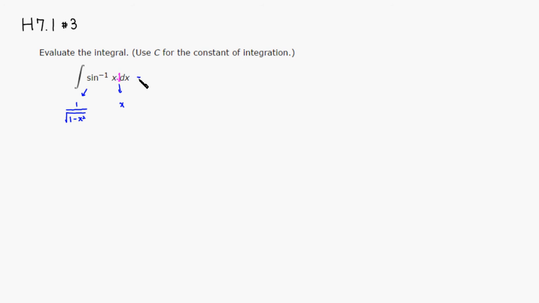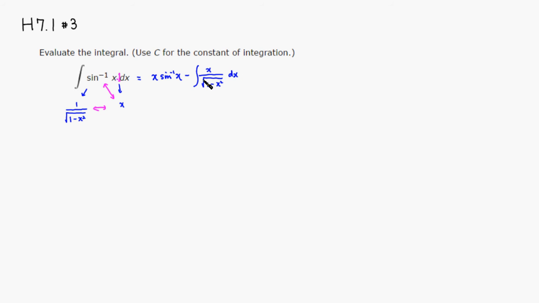So this is going to be equal to, multiply this way, x times arc sine of x minus the integral. Then we multiply this way, so you have x over square root of 1 minus x squared, then dx.